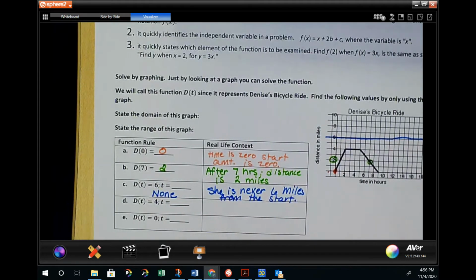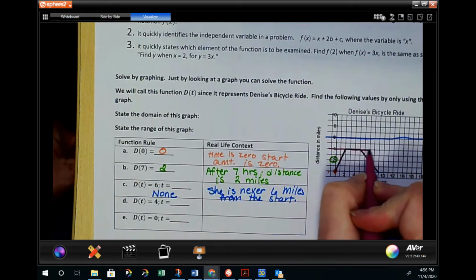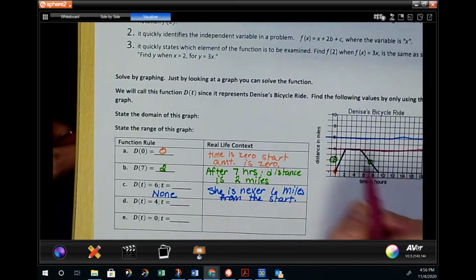Okay, and then the next one. So this is where I go through and we're going to put this in and you're going to look at this. And this time it's, I don't know if you can see pink. Maybe I'll do this color, red. So T is 4. So I'm going to draw a horizontal line when my distance is 4.